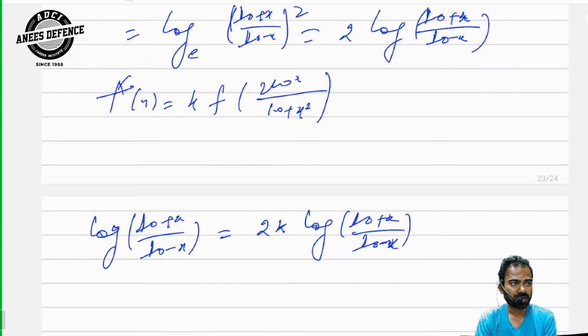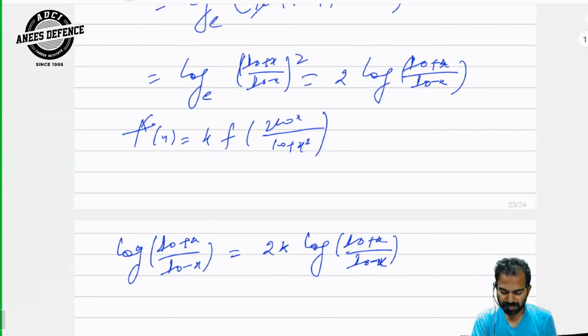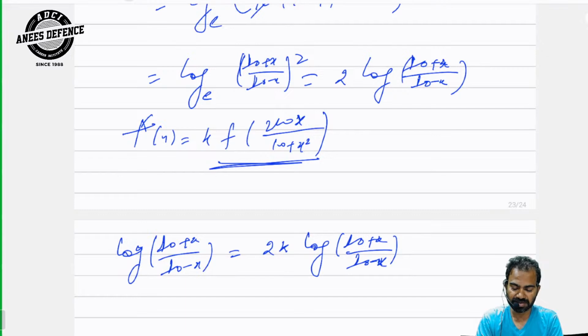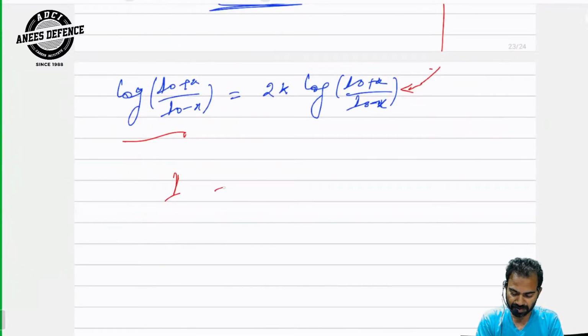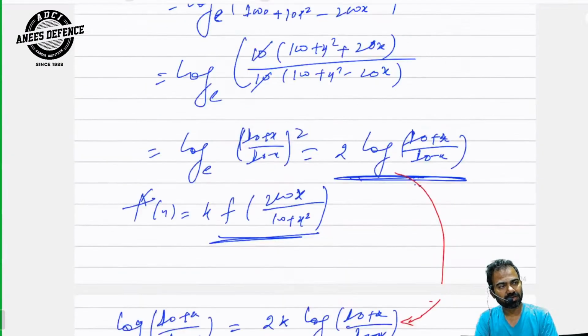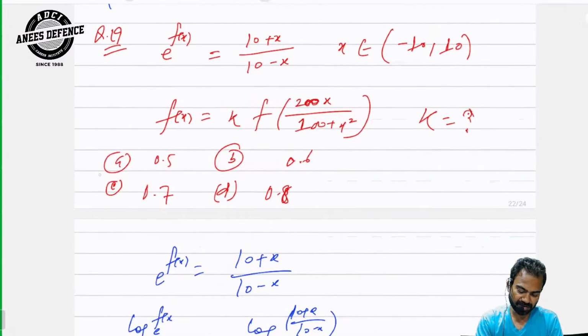Have you understood this? I put f of 200x upon 100 plus x square, this value is 2 times log of (10 plus x upon 10 minus x), and here I have put f of x. After cancellation it will be 1 equal to 2k, k equal to 1 by 2, 0.5. Any problem? Have you understood this completely? So the option A is the correct option.